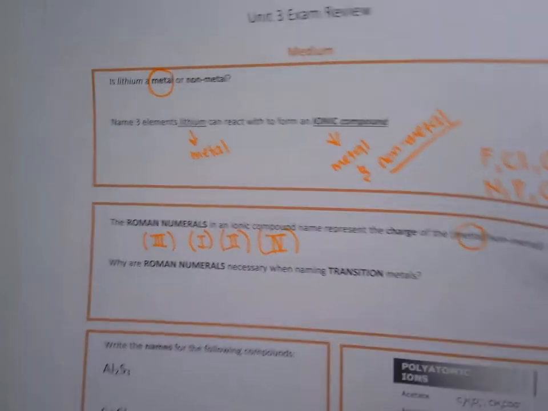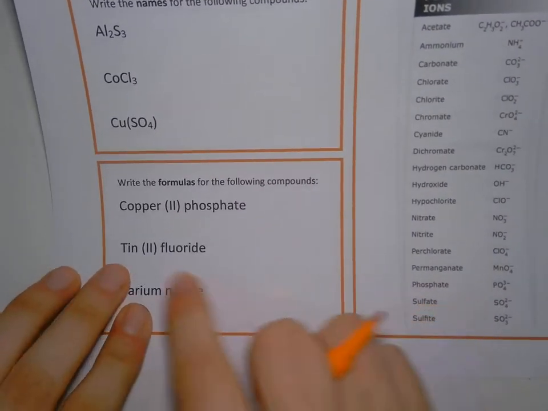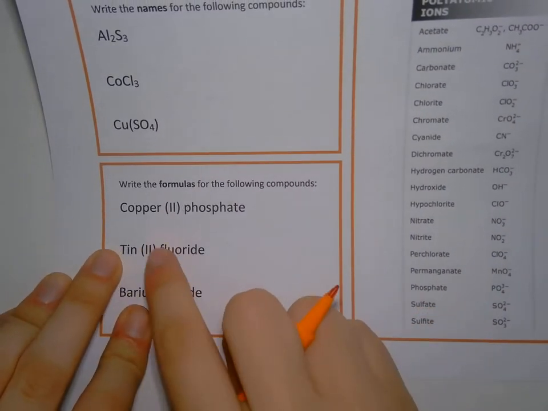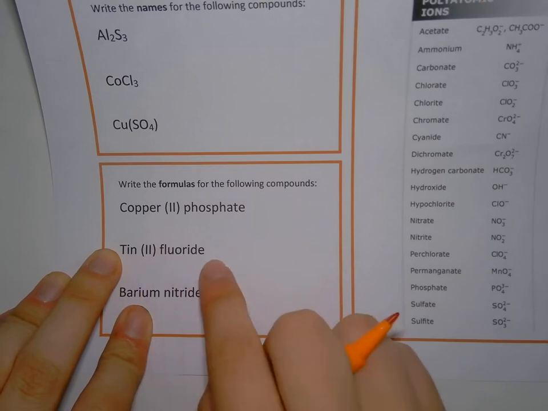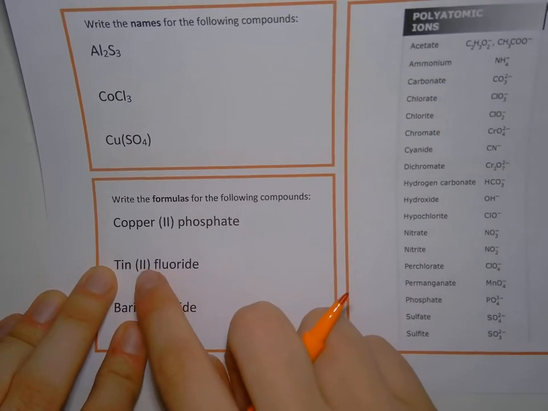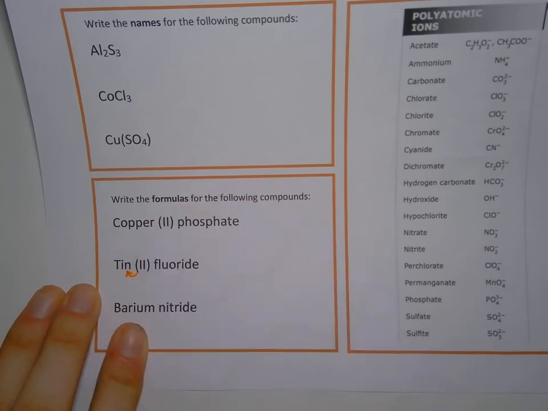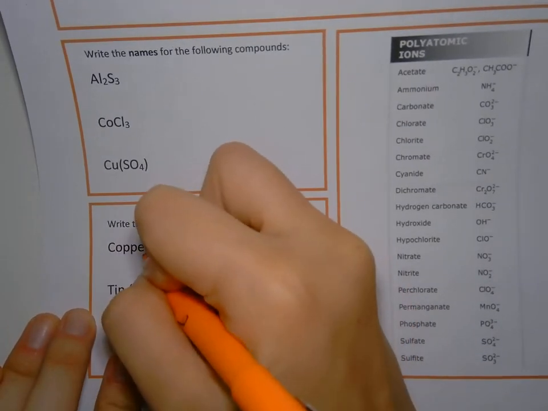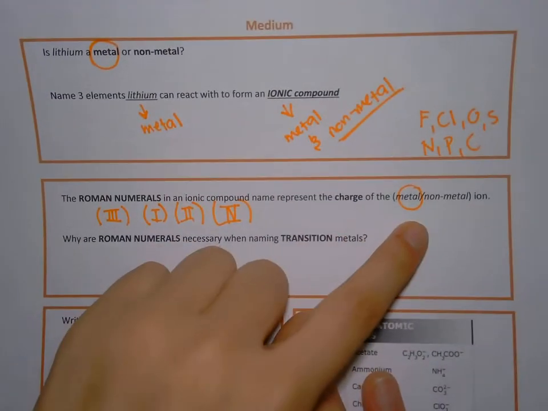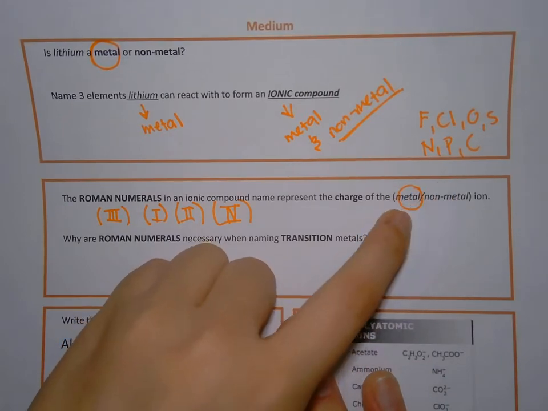So if you'll notice, for example, down here, I have tin, and then the parentheses with the Roman numerals, and then whatever else is left. These Roman numerals represent the charge of my metal.